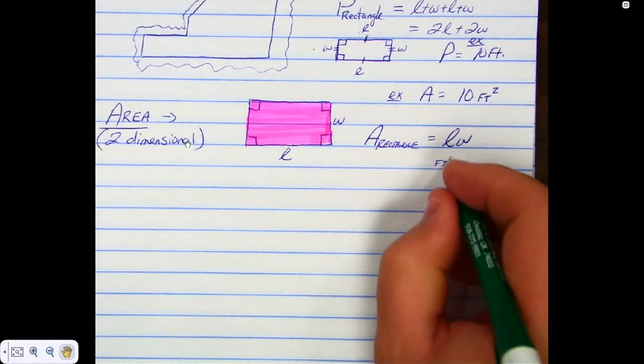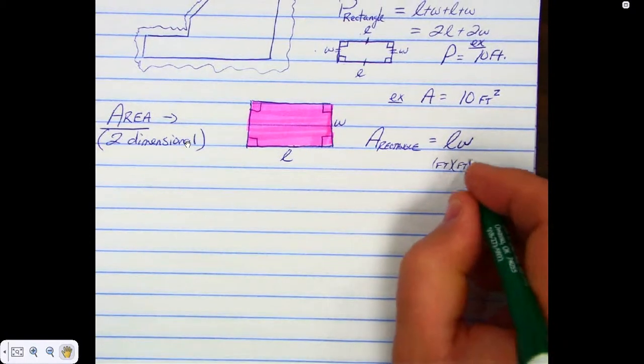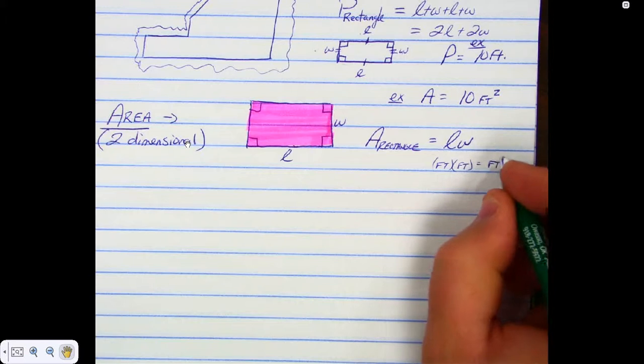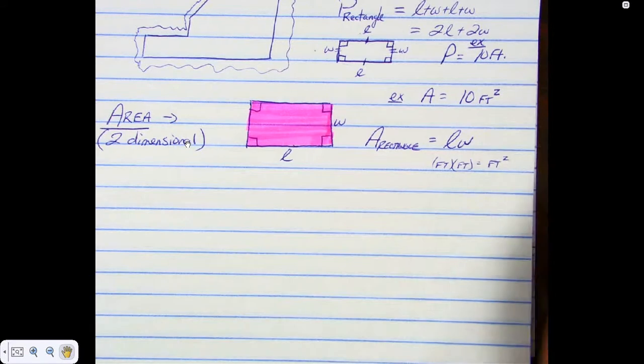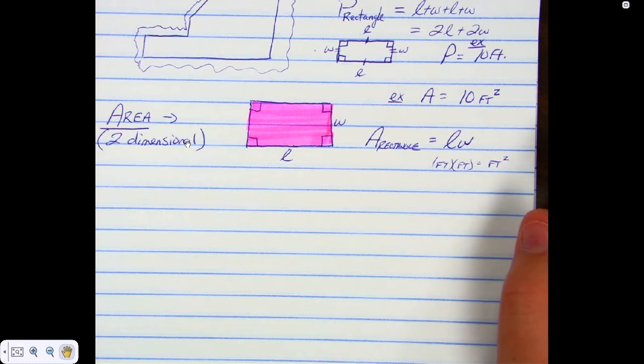So you basically have feet times what? Which equals feet what? Hence why you have square units. And when you write your answers, it's important that you write them as square units. There's no such thing as having an area of 10 feet. That's impossible. No, it's 10 square feet. That's why I talk about square footage.